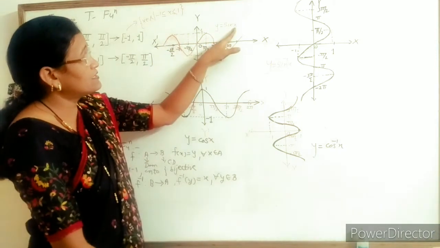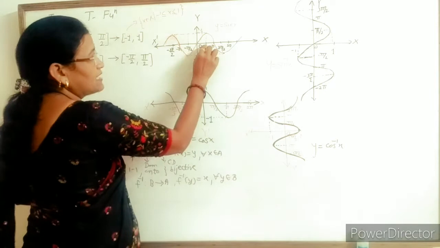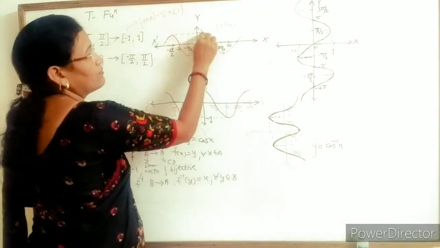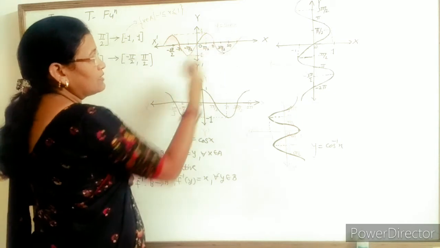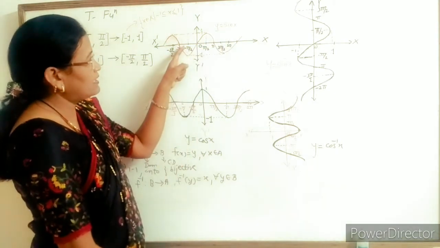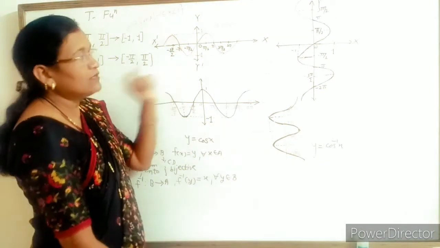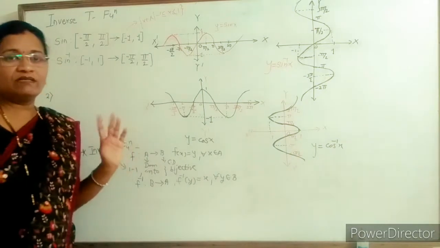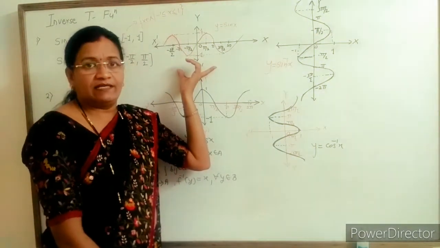If x is replaced by π/2, then at this angle the value of the sine ratio along the y-axis is 1, and therefore sine π/2 is 1. Proceeding in this way, we may find sine of -π/2. For this -π/2, the sine ratio has value -1. So by using this, we get the graph of the circular function, that is sin x.